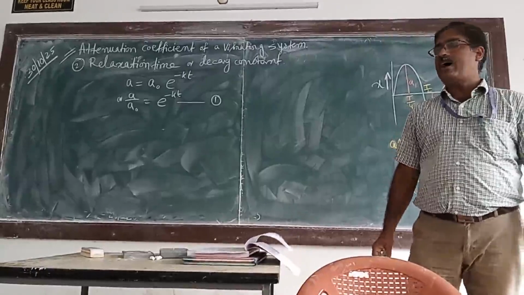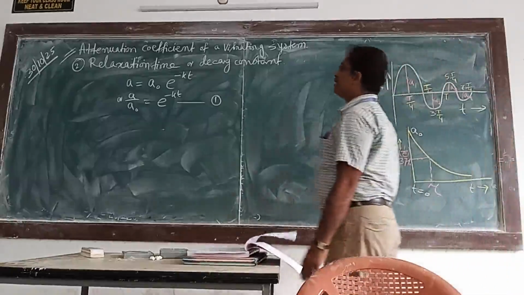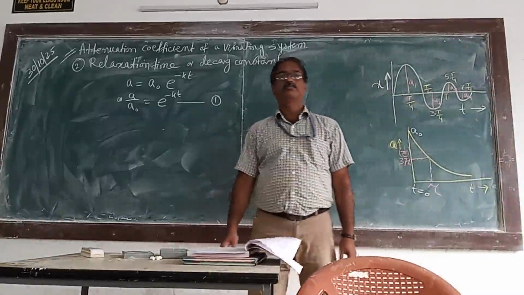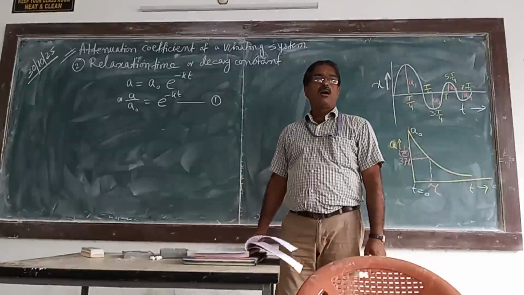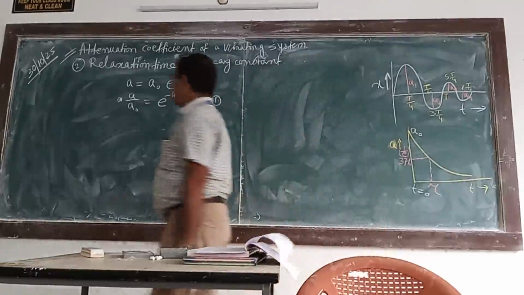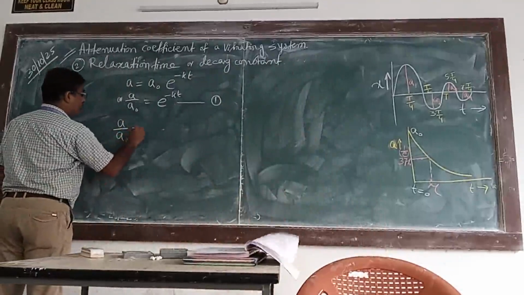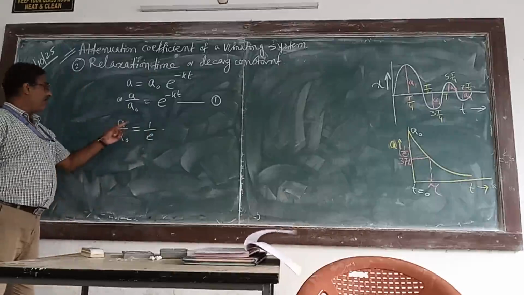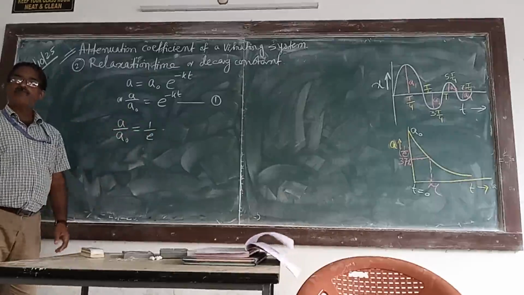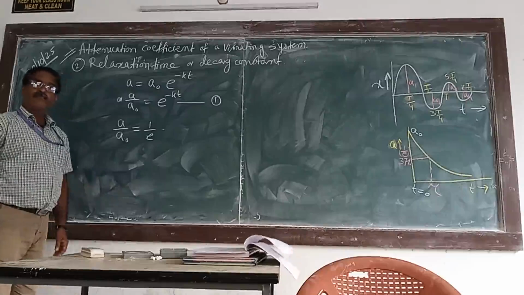According to the definition of relaxation time, A by A0 equals to 1 by e. So it becomes 1 by e of A0, or first we can write A equals to A0 by e.